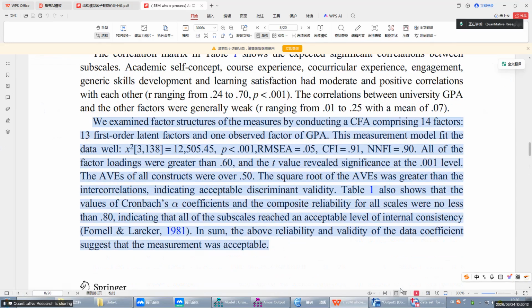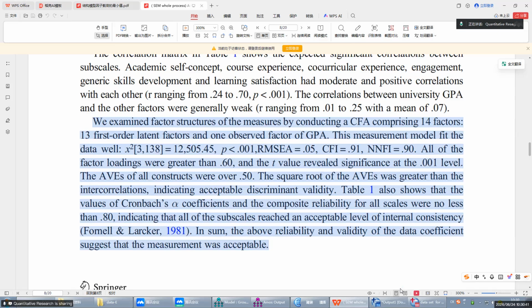It's below the criteria of 5. Can you remember this? Chi-square and the degree of freedom ratio should be smaller than 5. Okay, it's smaller than 5.